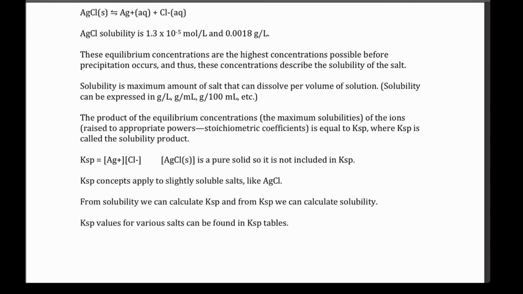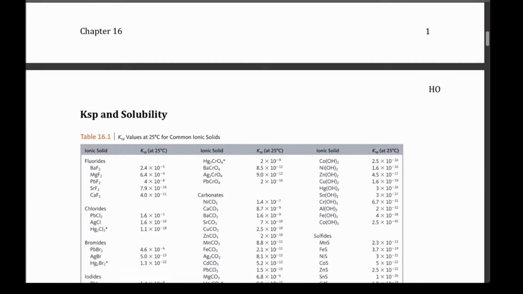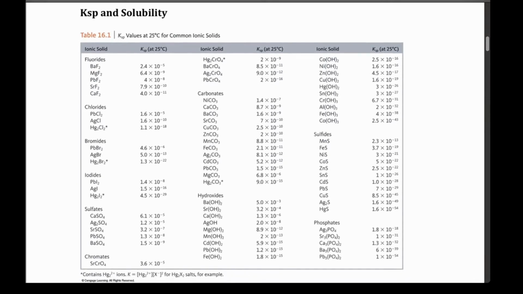From solubility, we can calculate Ksp. So if we're given solubility, we can calculate Ksp. If we're given Ksp, because those are values in tables, we can calculate solubility, so we can go back and forth. Ksp values for various salts are found in Ksp tables. So here is a Ksp table from your textbook. They are organized by the anions, like the fluorides, chlorides, bromides, iodides and so forth.